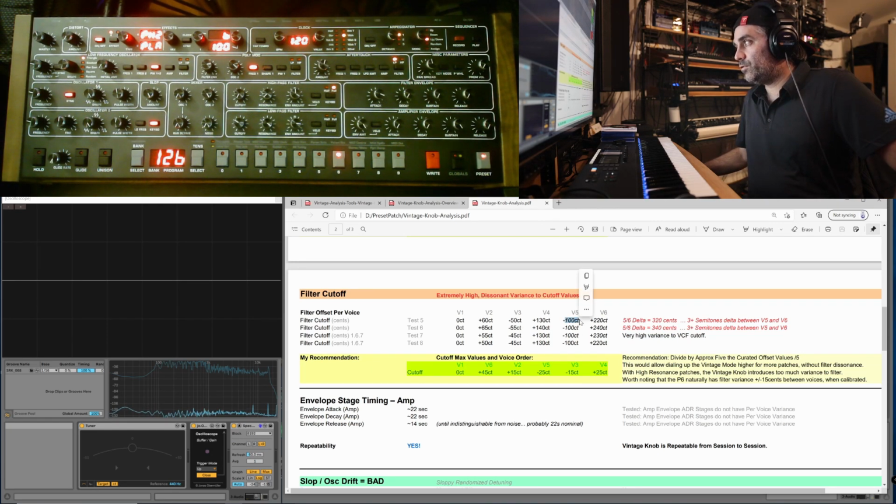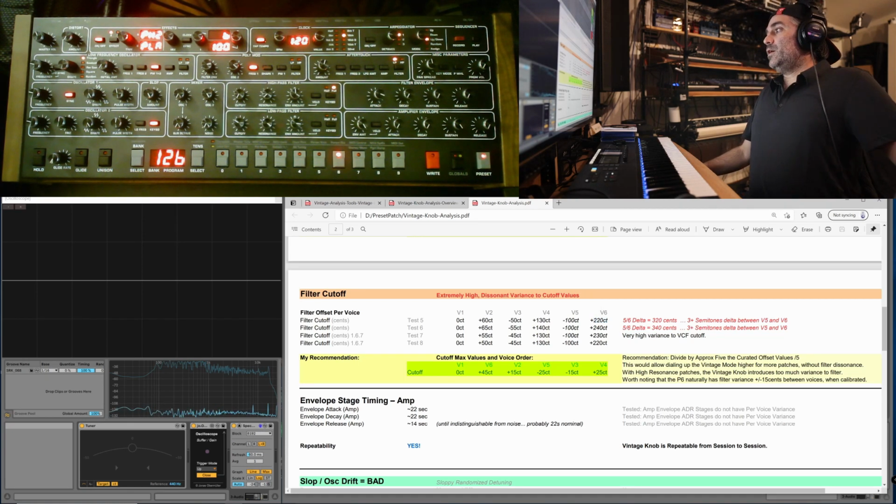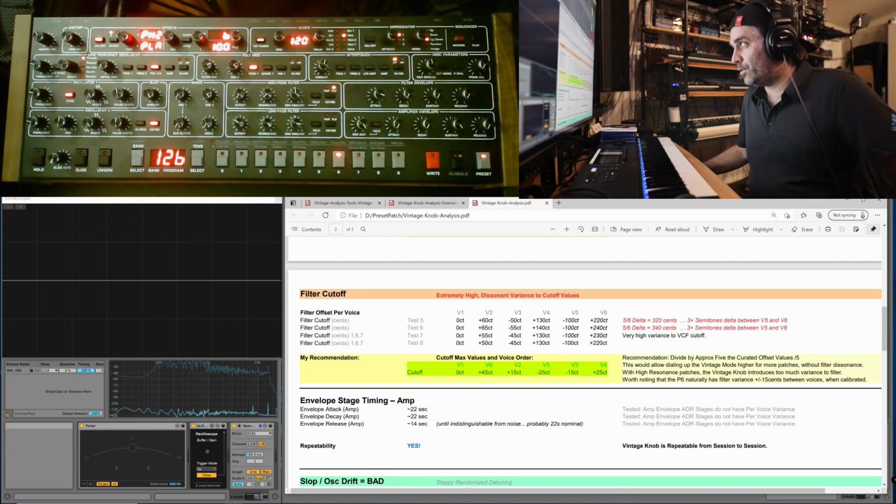On voice 5, you've got a negative 100 cent flat variance, and on voice 6, you've got a plus 220 cent or so positive variance. So you're talking a full semitone flat on voice 5 and over 2 semitones sharp on voice 6 every time it comes around. The total delta between these two is over 3 semitones.